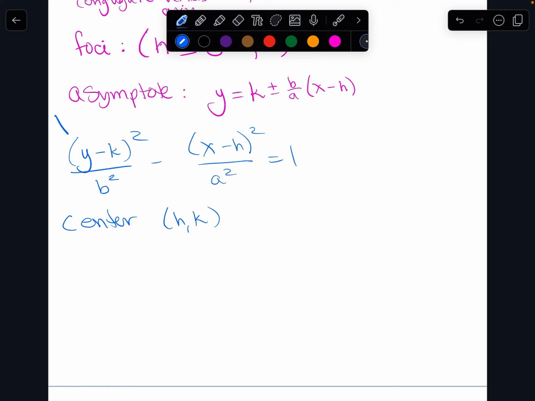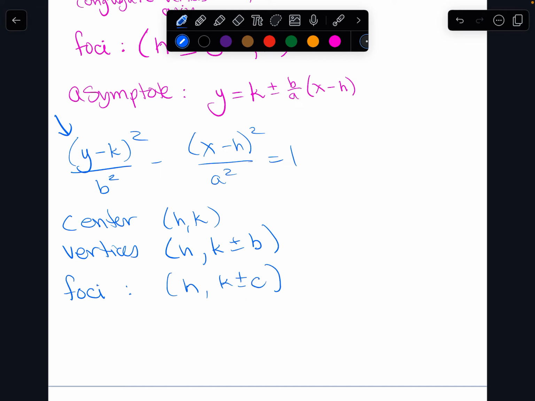But this time the y is what's going to be changing. So the vertices on this one, the h stays alone, but the k, the y value, is what's going to change. And that's going to be plus or minus b. The foci, same thing. This is going to be plus or minus c.